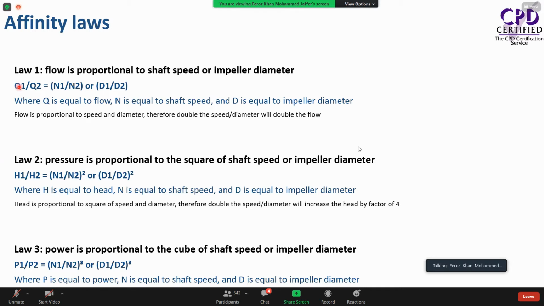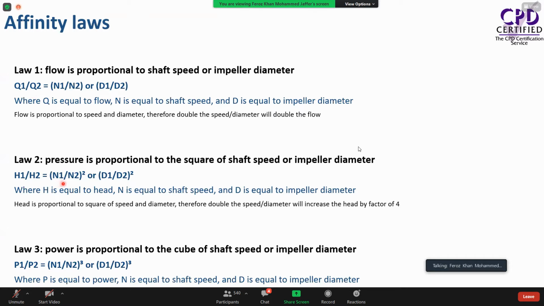If we know the flow rate and speed at point 1, and we want to change the speed, we can calculate the flow at point 2. Same goes for diameter. If we know the flow rate at point 1 and the corresponding diameter, we can find what the flow rate will be if we trim the impeller.